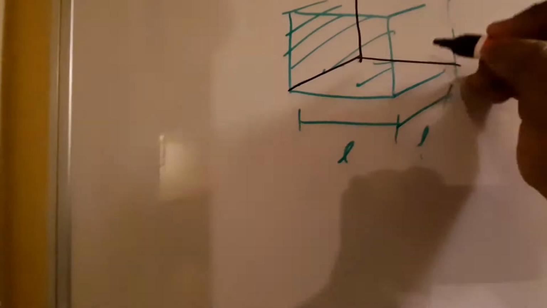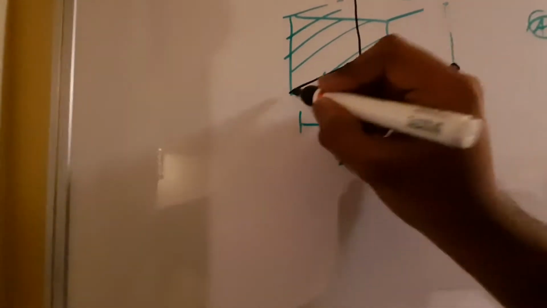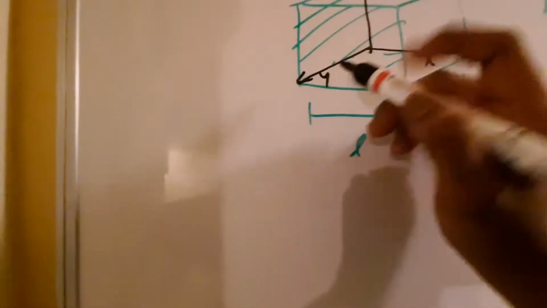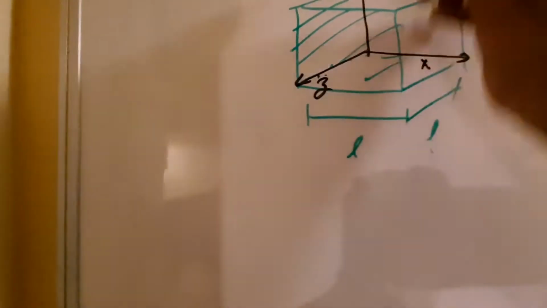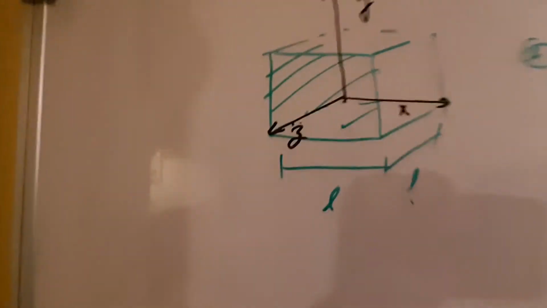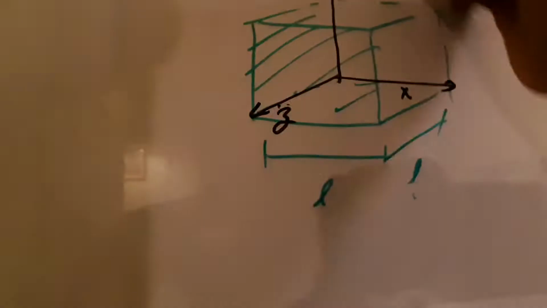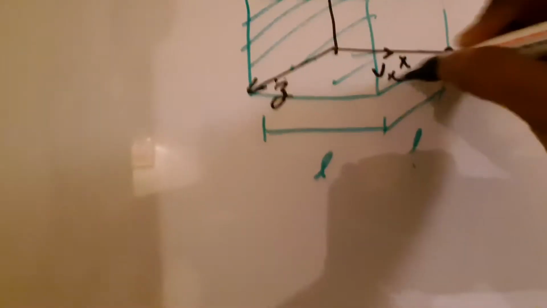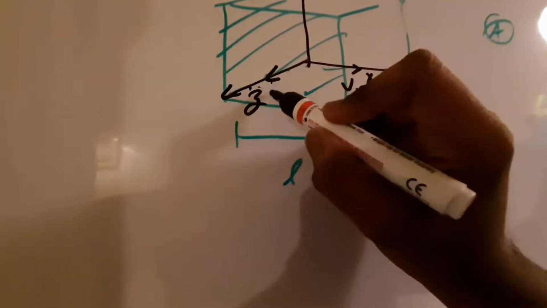What's important is that let us consider this is the x direction, this is the y direction, and this is the z direction. So we can have a velocity in this direction, let's call this Vy, a velocity in the x direction called Vx, and a velocity in this direction called Vz.